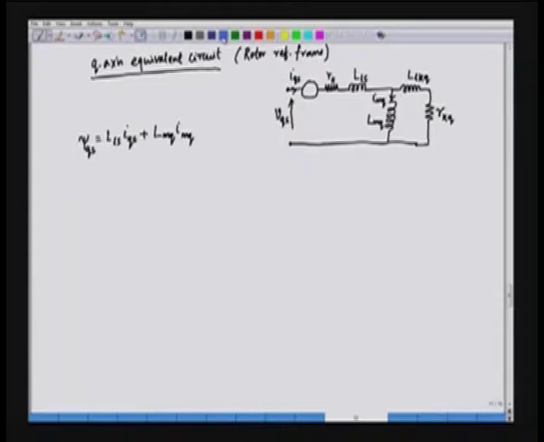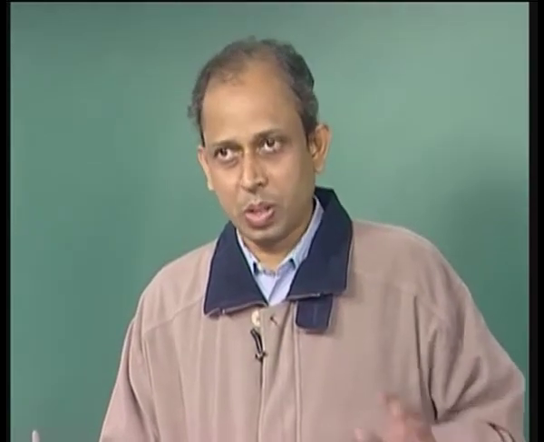Again in a similar fashion, the stator flux linkage in the q axis is the flux linkage associated with the magnetization branch and the stator leakage. So, this is psi QS. The summation of the two gives us the q axis stator flux linkage.